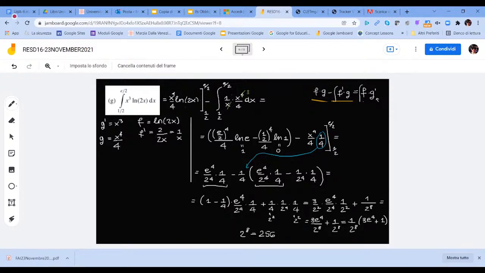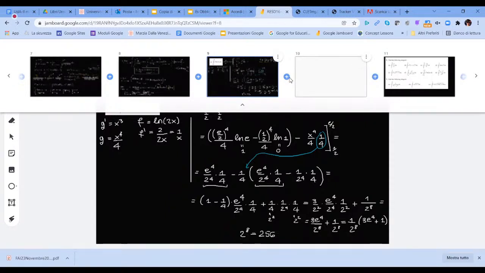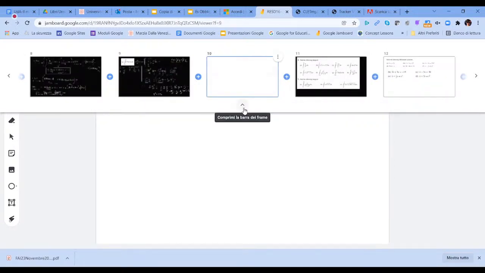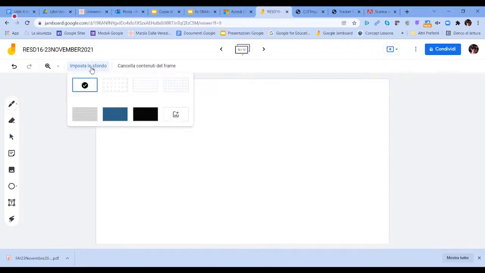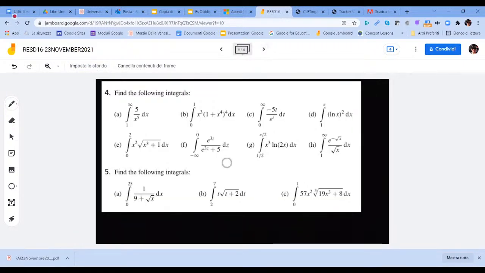I think everything is clear, because I don't see any messages in the chat, so I will go on and compute some other integrals, and then we can switch to some differential equations. So let's use some variable substitution.